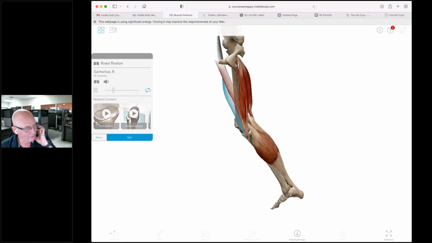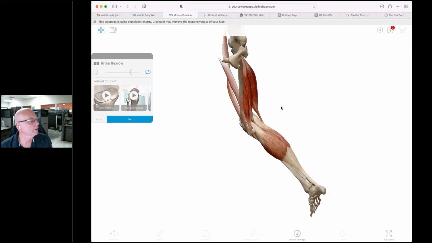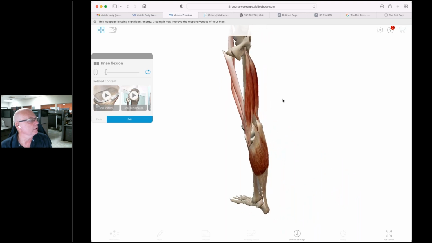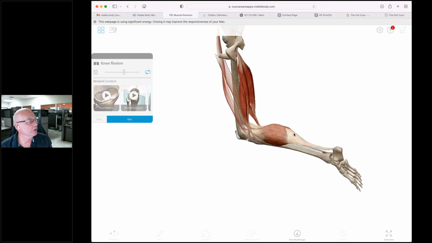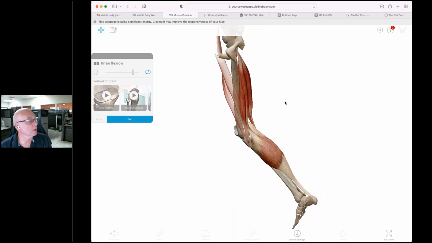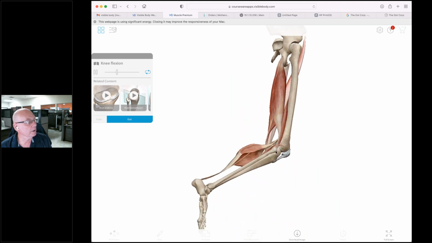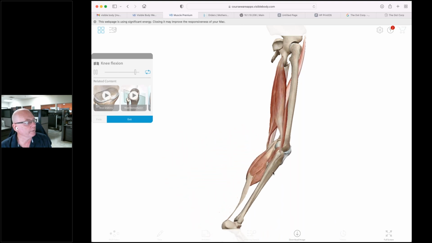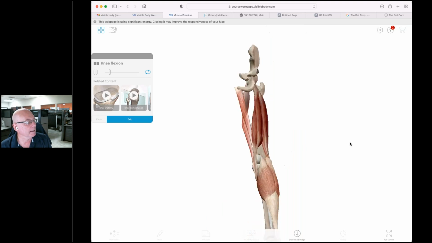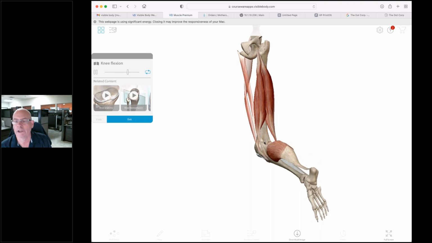So I'll show you the knee flexion, and the gastrocnemius as well as the hamstrings for that matter. You can see how the hamstrings are pulling up to flex the knee, and the gastrocnemius is kind of pulling from the bottom.